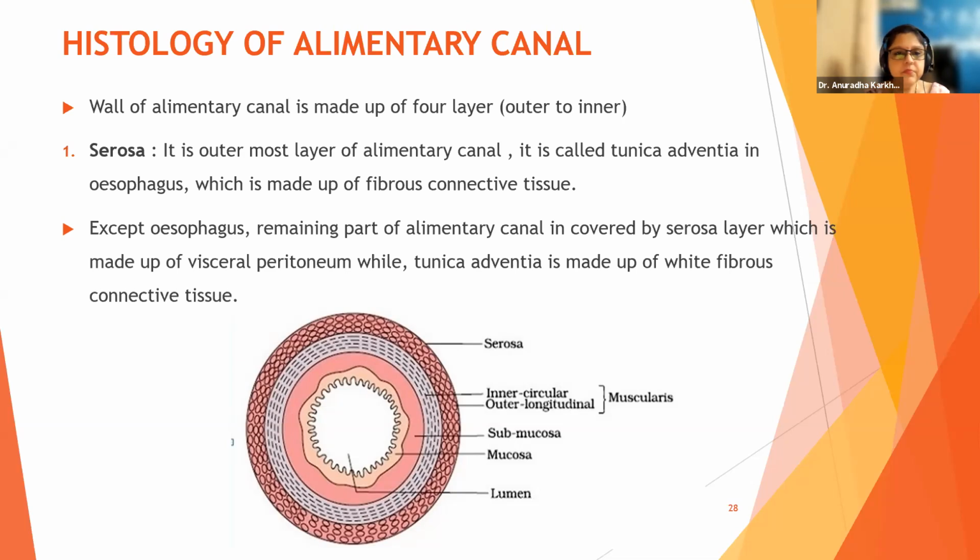Okay, fine. Except the esophagus, the remaining part of the alimentary canal is covered by the serosa layer, which is made up of visceral peritoneum, while tunica adventitia is made up of white fibrous connective tissue. So the serosa layer covering the entire alimentary canal except the esophageal part is going to be made up of what?